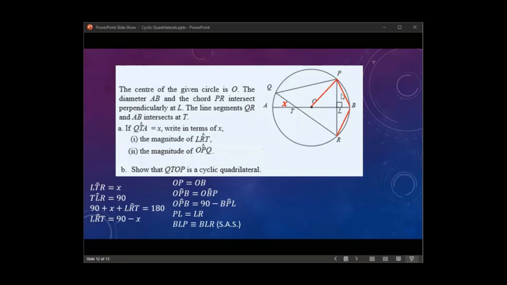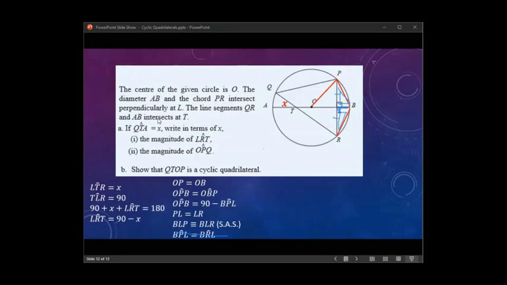So using that, if you consider this BPL and BRL triangles, these two are equal, these angles are equal, and this is a common side. So these two triangles are congruent.